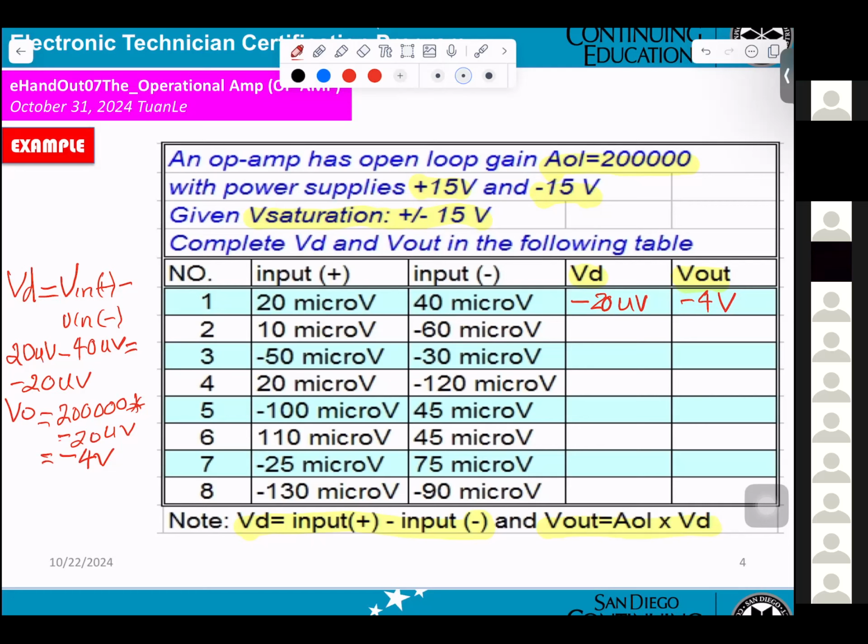And then 70 times 2. And then V out is 14. You say 14 volts, right?